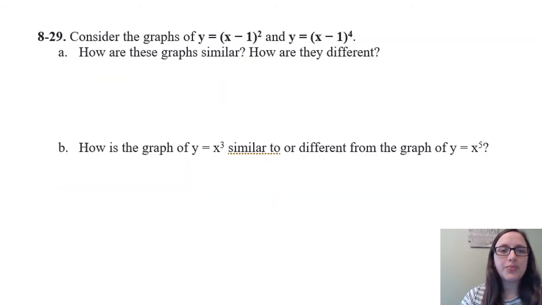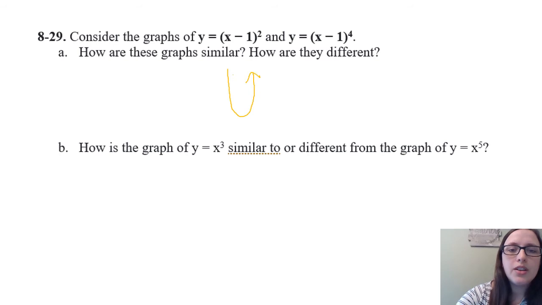All right. And so then consider the graphs of y equals (x minus 1) squared and y equals (x minus 1) to the 4th power. Y equals (x minus 1) squared is a little bit narrower, and then y equals (x minus 1) to the 4th power is a little bit wider. They both have x-intercepts at (1, 0) because of that root.